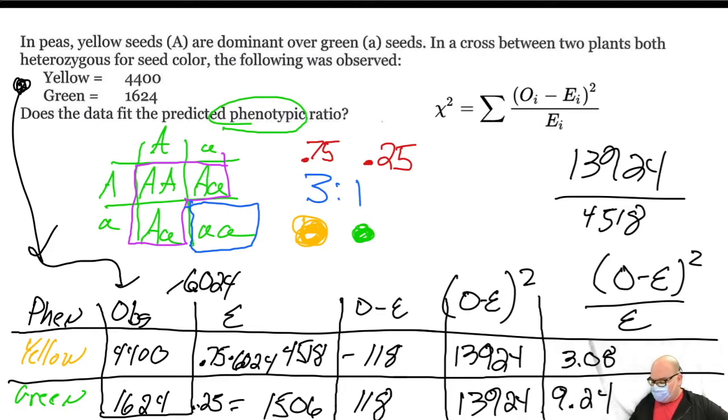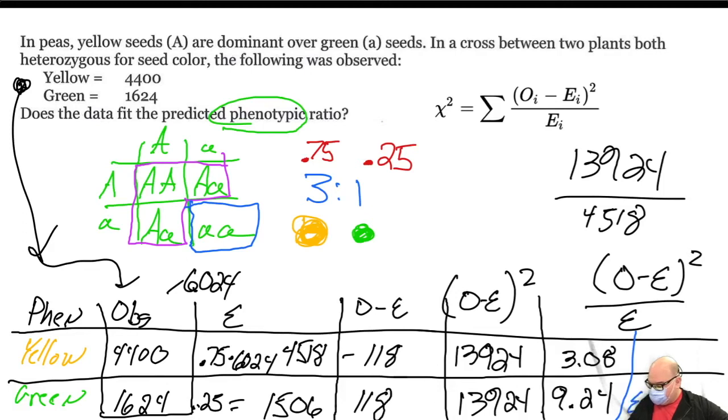So guys, we're going to add them together because remember, the sigma right here is the sum of all these things. So we're going to sum 3.08 and 9.24. I'll write this one in a different color. I'm going to add those two together, and I'll put my answer right here.